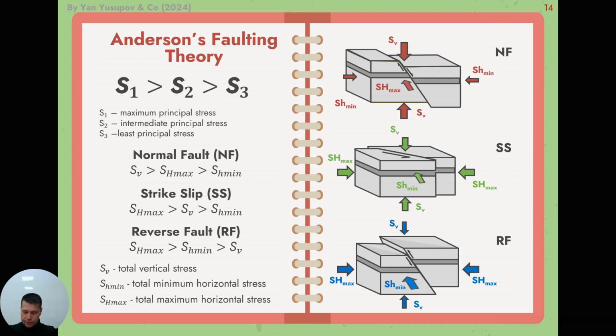The three in situ stresses correspond to three principal stresses, namely the maximum principal stress, intermediate principal stress, and the least principal stress. According to the relationship of these three principal stresses, three in situ stress regimes can be used to describe the in situ stress state based on faulting theory. These are the three stress regimes: normal fault, strike slip, and reverse fault.